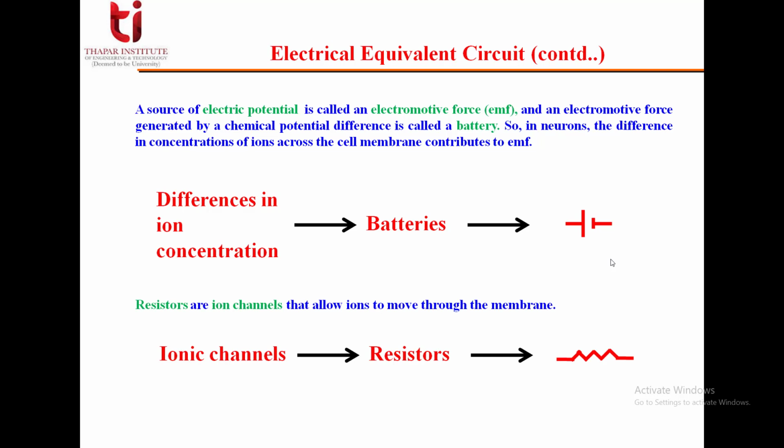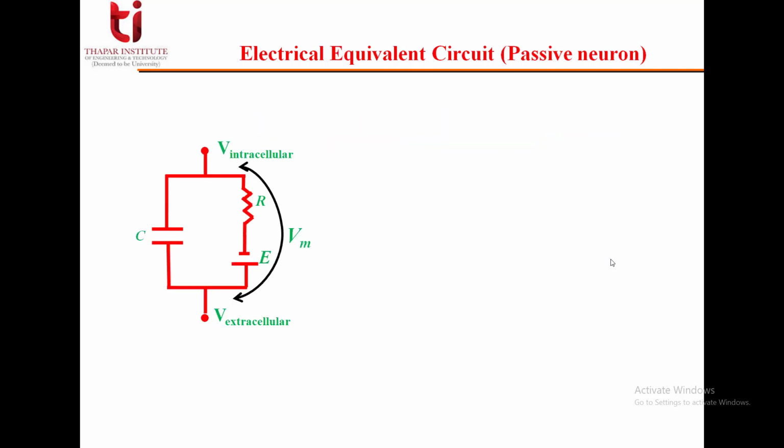Further, resistors are ion channels. They can be categorized as the ion channels that allow ions to move through the membrane. So, by combining all these components, the equivalent circuit for a passive neuron can be obtained like this.